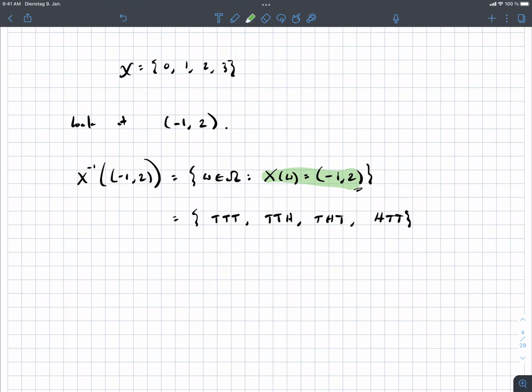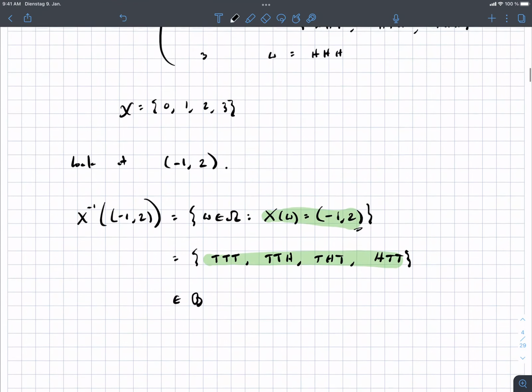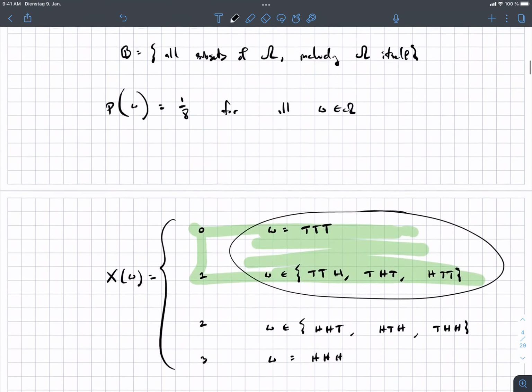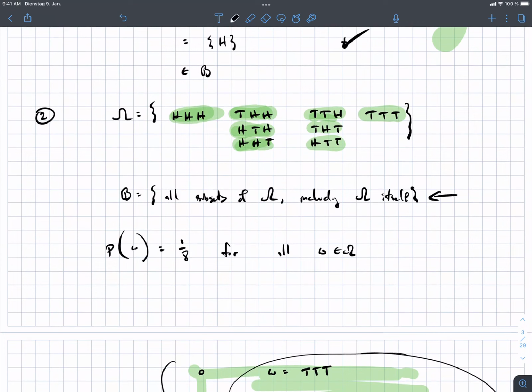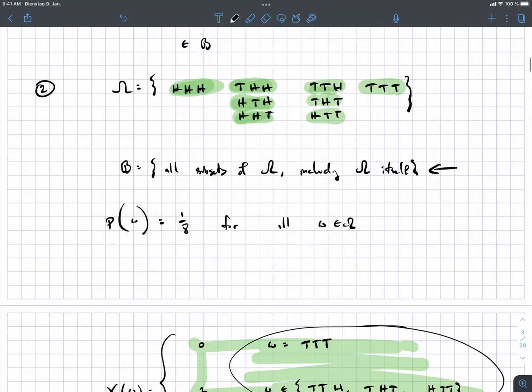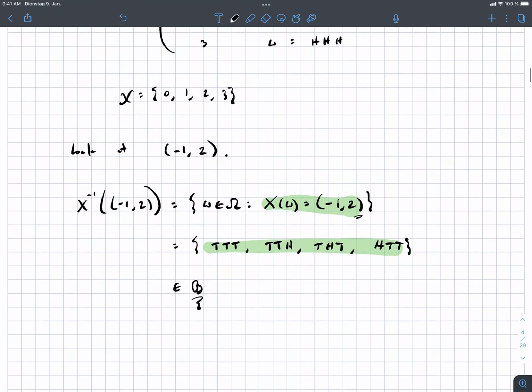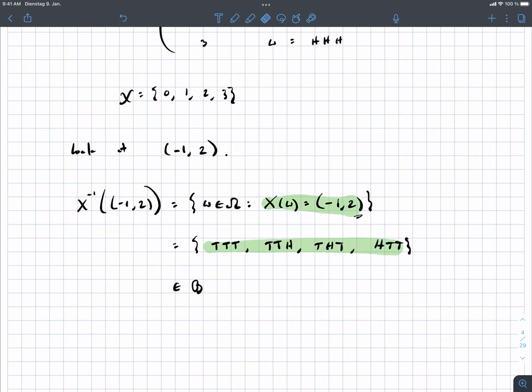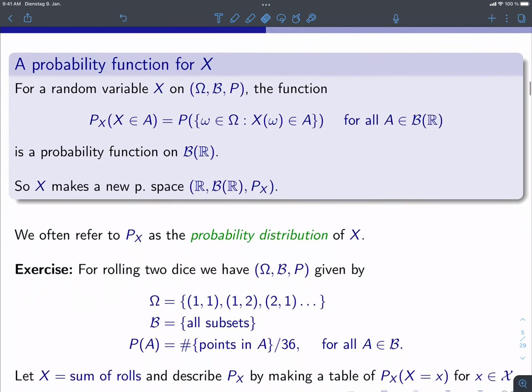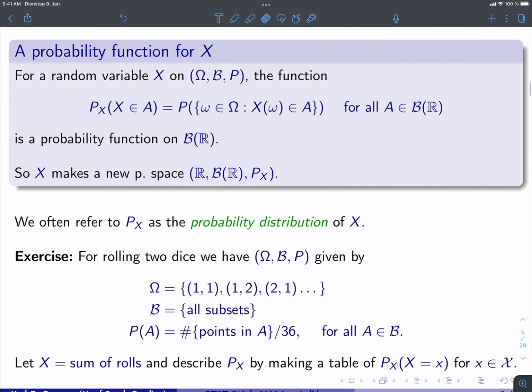Those are all the outcomes in the sample space which the random variable x maps to the interval -1 to 2. And this belongs in the sigma algebra up here, all subsets of omega, including omega itself. Okay, so let's move on from there and look at the next thing.